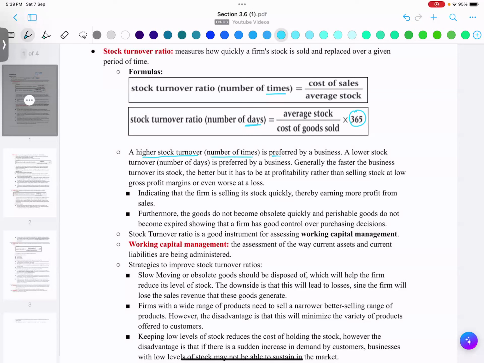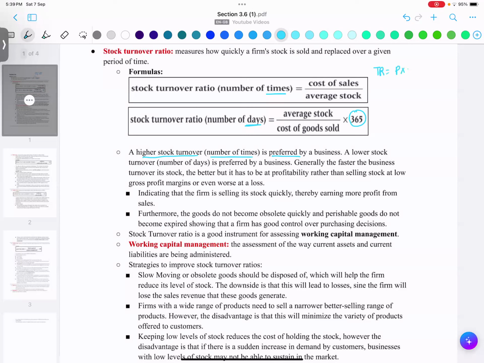Basically, we do know that total revenue is price times quantity, and profit is total revenue minus total cost, right?